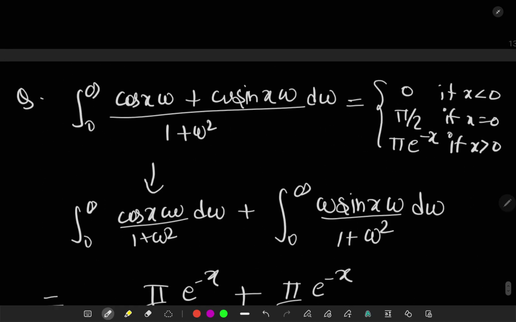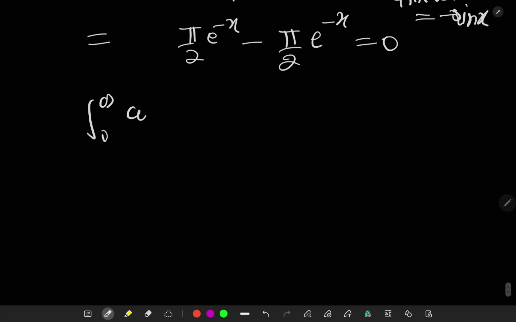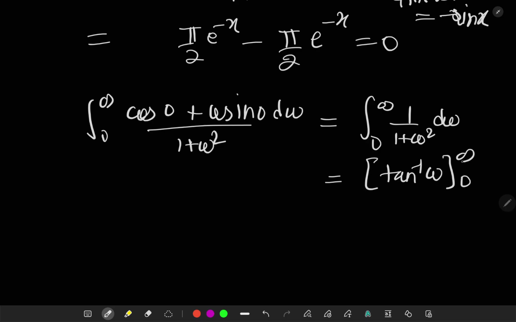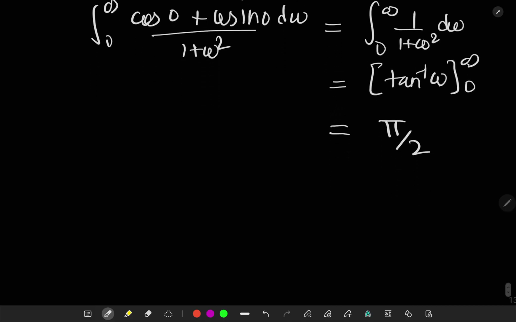Now according to the second condition, if x equals 0, we put x equals 0 in the integral, we get these terms, and equals tan inverse omega with limit 0 to infinity. If we put omega as infinity, tan pi by 2 is infinity, and tan 0 is 0, so we get pi by 2.